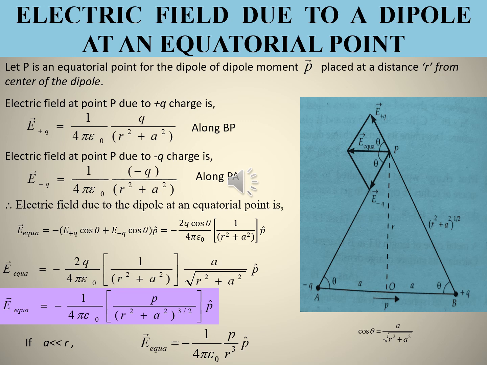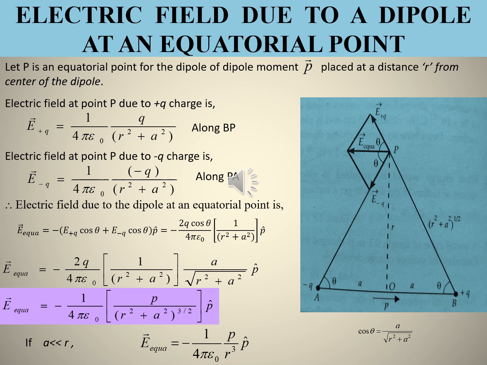The total electric field due to the dipole at the point P is therefore given by vector sum of the above two expressions, and both the expressions have two components each. The sine components are equal in magnitude and opposite in direction, vertically upward and downward at point P, and they get cancelled.